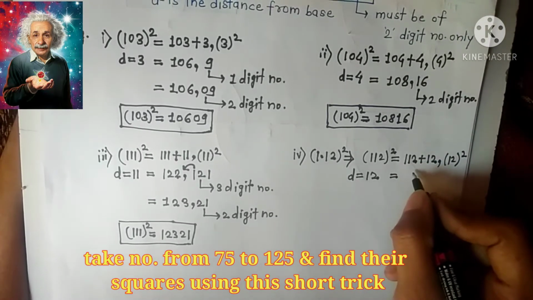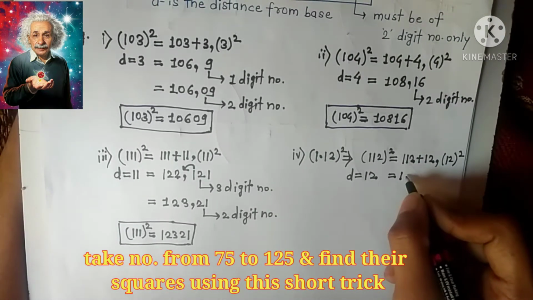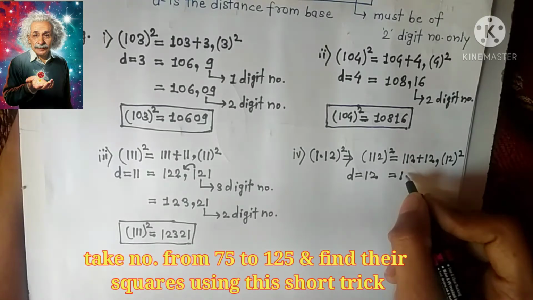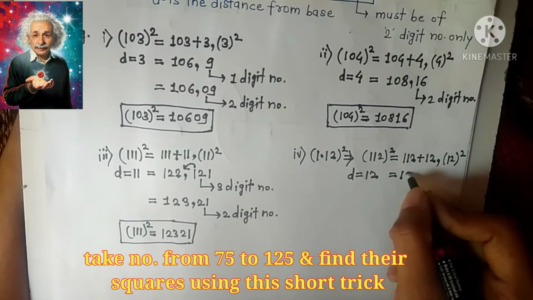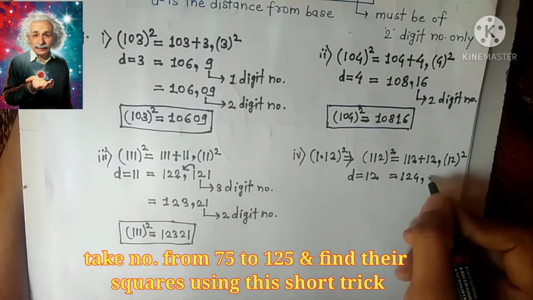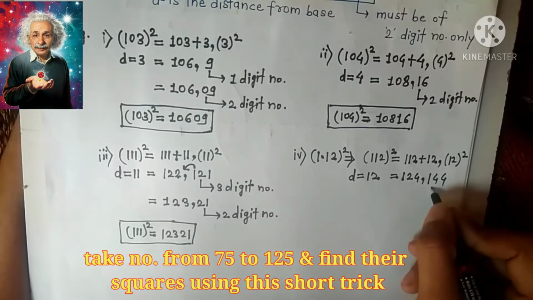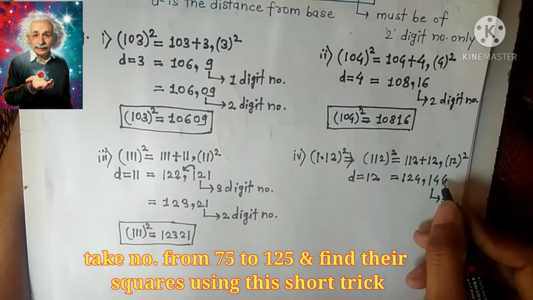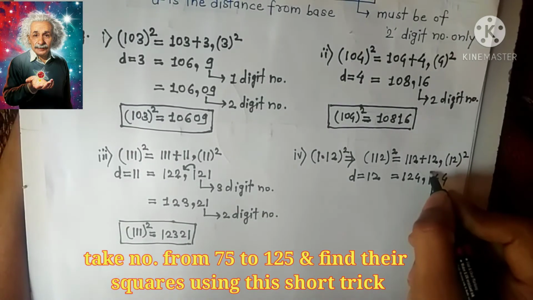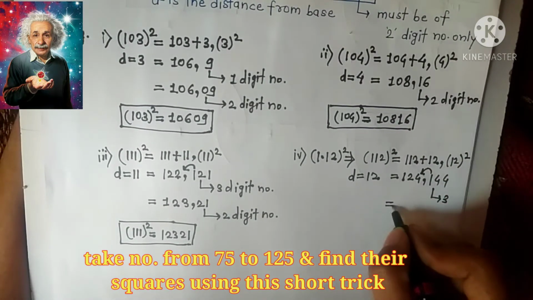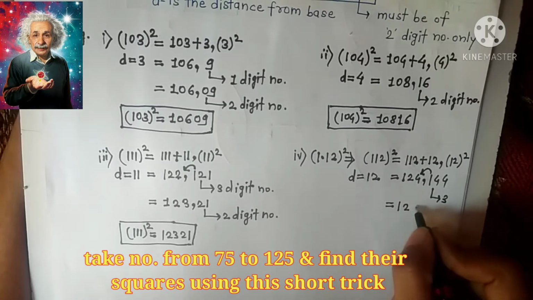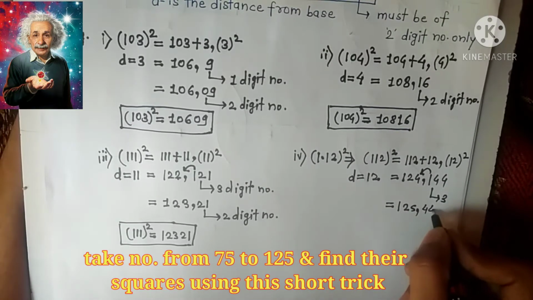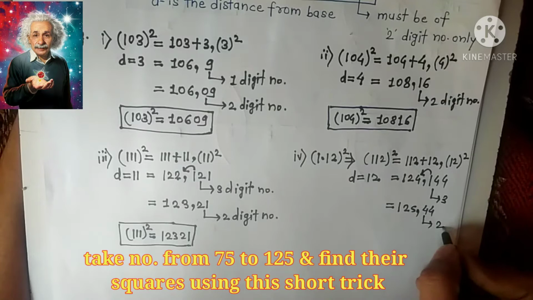So we get 124 comma 12 square is 144. This is again a 3-digit number. To convert it into 2-digit, we add this 1 to here. So finally we get 125, 44 and this is a 2-digit number.